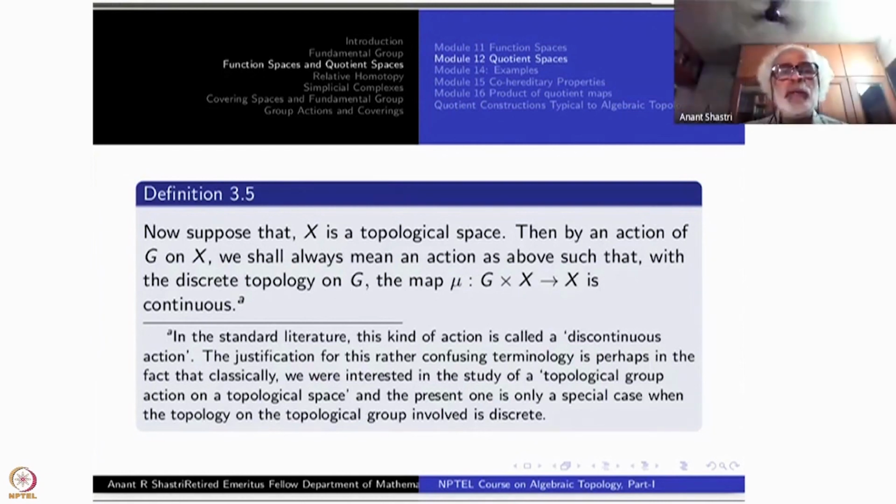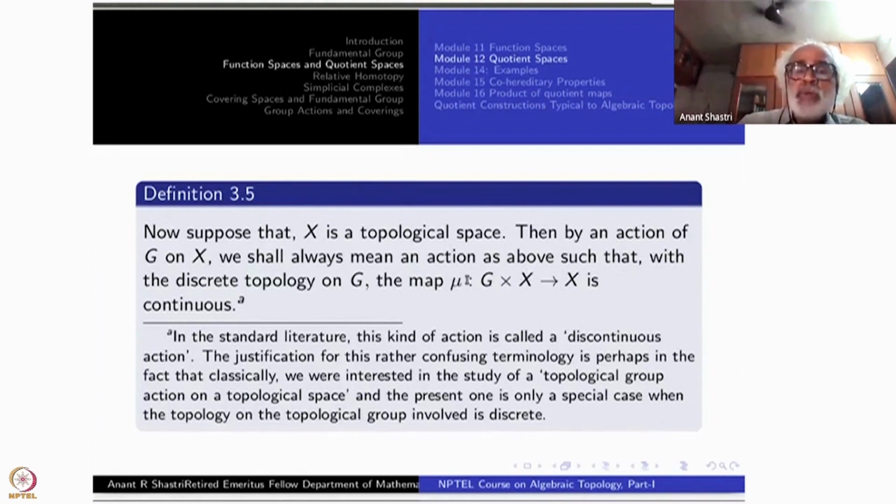So that is the extra condition that we need when X is a topological space, which is the same thing as saying that the action from G cross X to X is now continuous. In what way? Take G with just the discrete topology. X has its own topology.